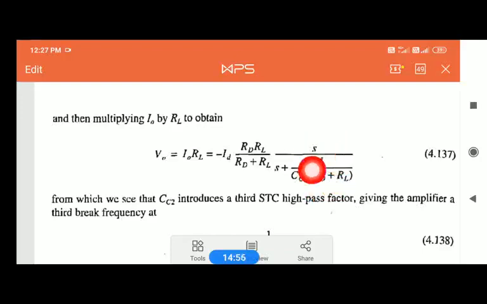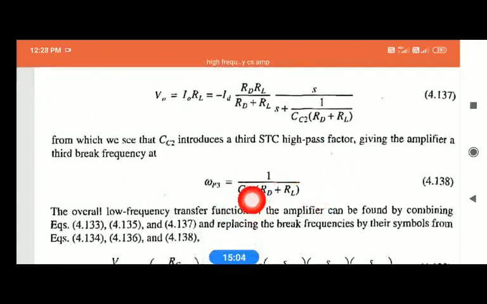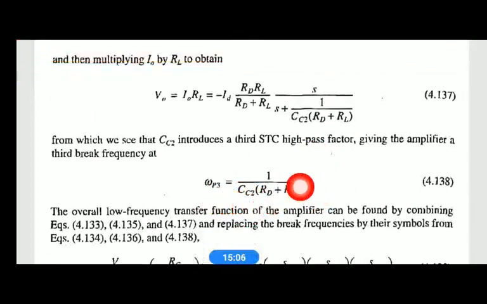Where omega naught is represented by this section, which is 1 divided by CC2 into RD plus RL. Therefore omega P3 is equal to 1 divided by CC2 into RD plus RL. From this, FP3 is equal to 1 divided by 2 pi CC2 into RD plus RL.